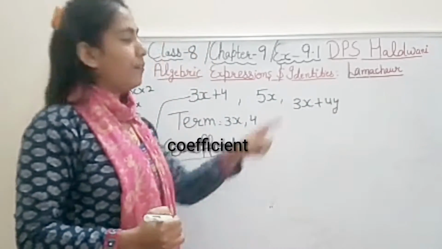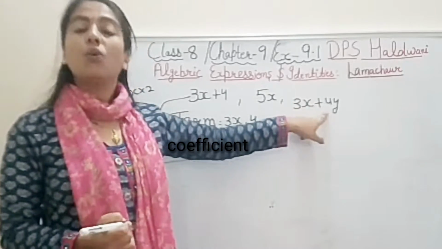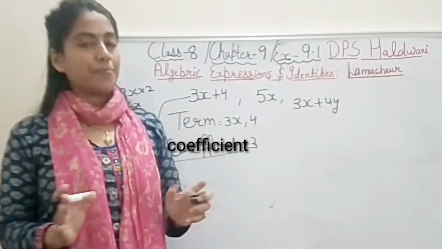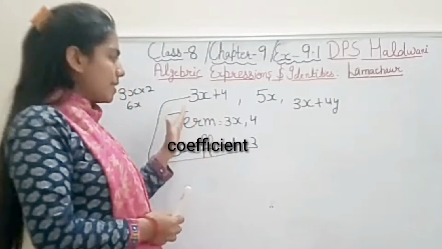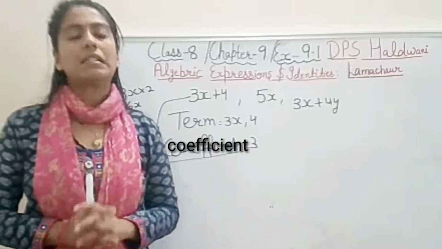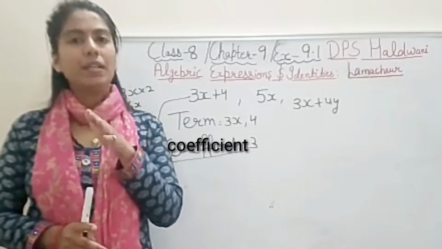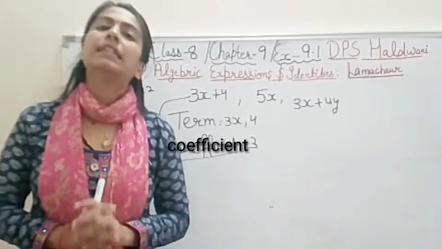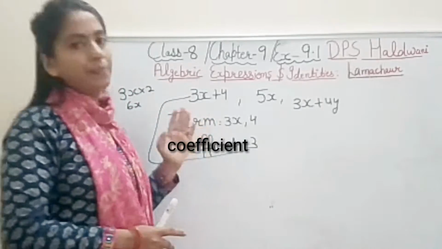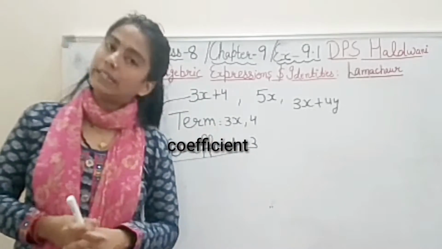What is the coefficient of x? 3. What is the coefficient of y? 4. So you need to understand what a term is and what a coefficient is. The coefficient is the constant with the variable. And the number of terms in an expression is counted by its terms.